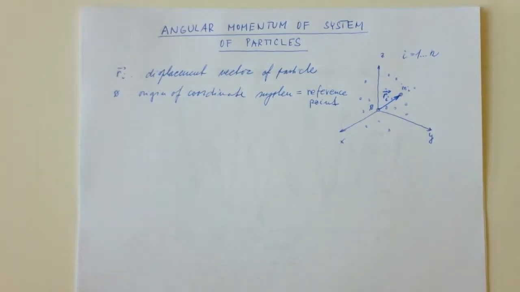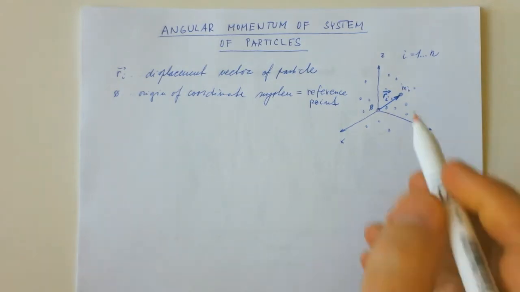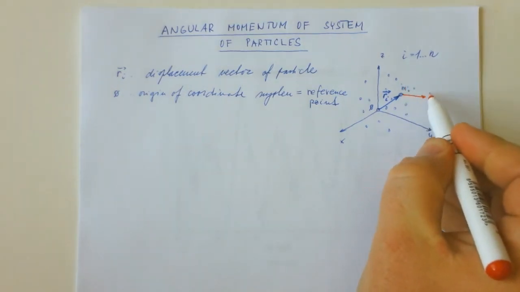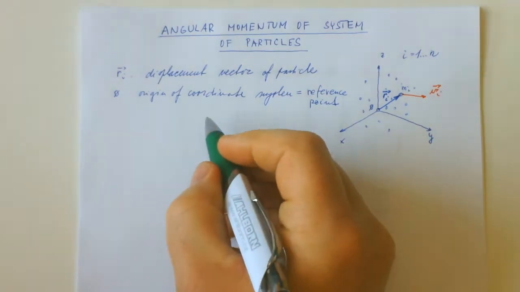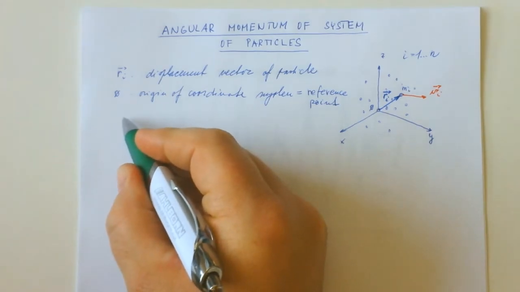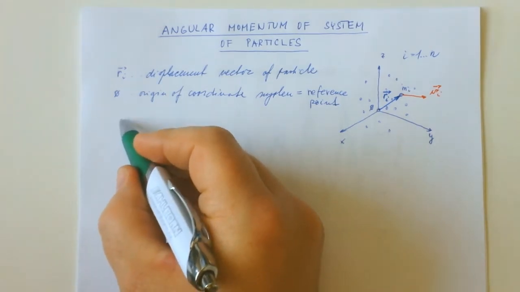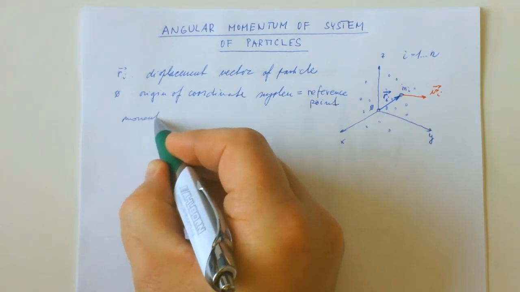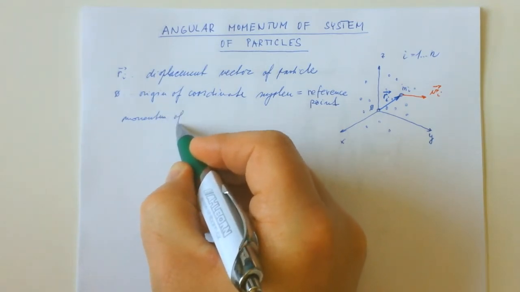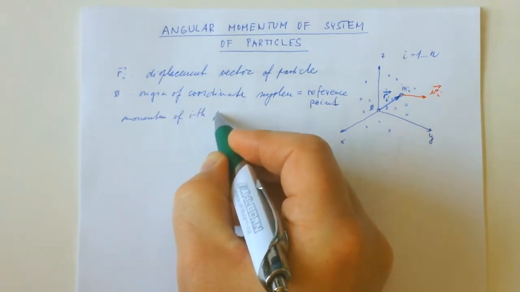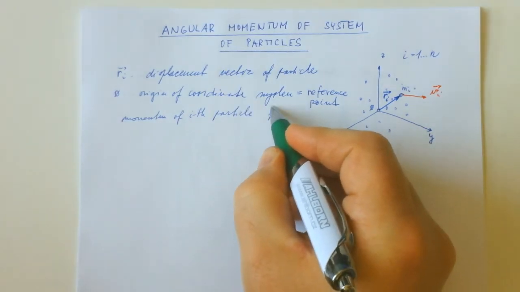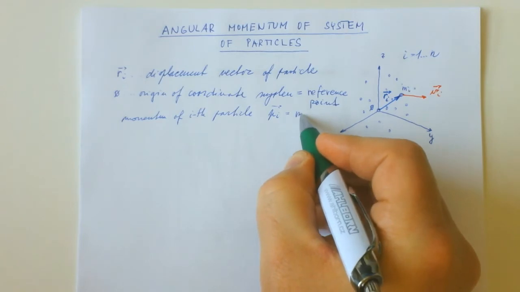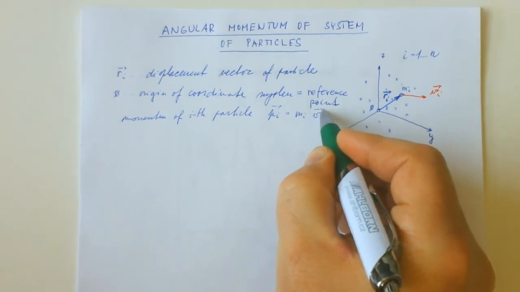And let's consider that this particle is moving with velocity vi. Okay, so then the momentum of the ith particle is pi equal to mi times vi.